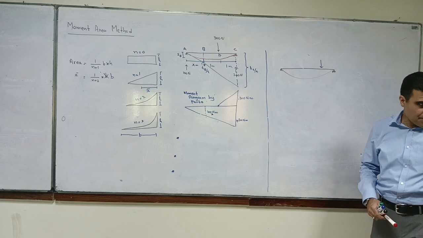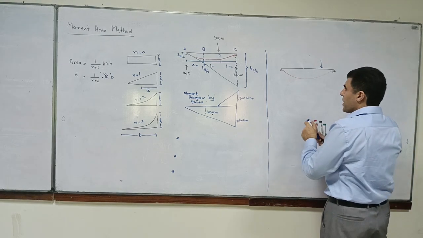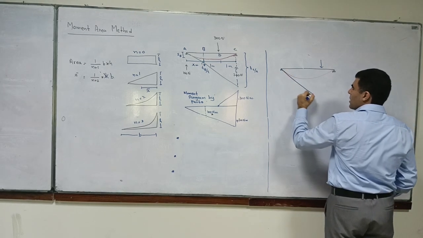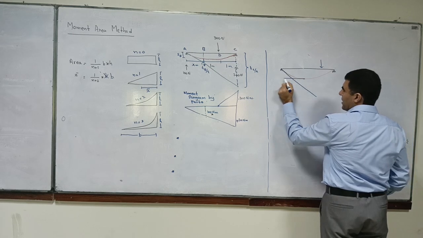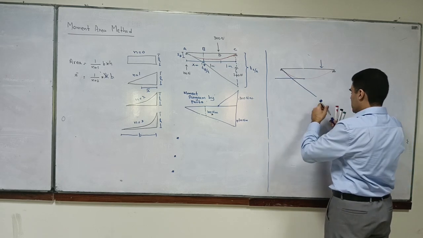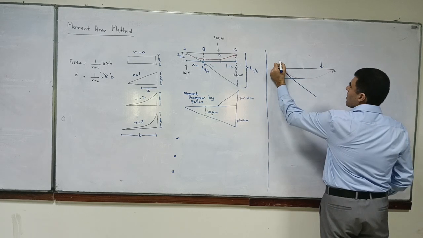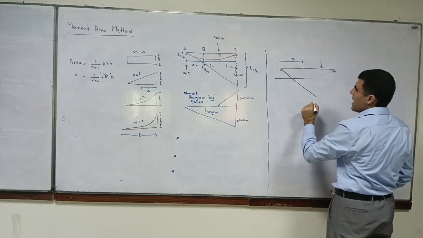Do you agree with me? So, in other words, if I draw a tangent like this and another tangent like this, this is my distance x.